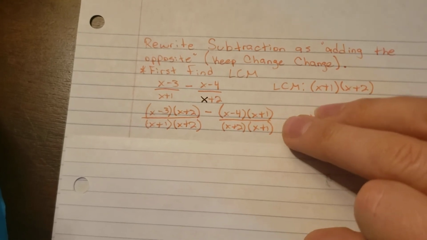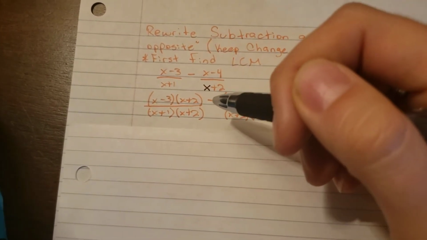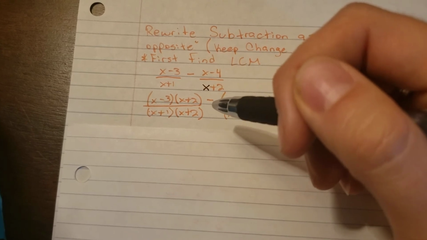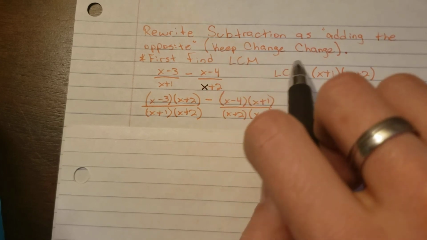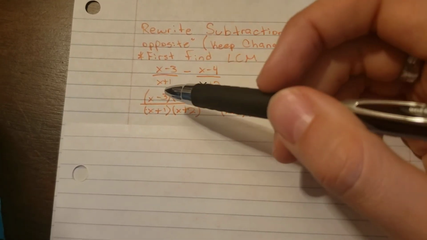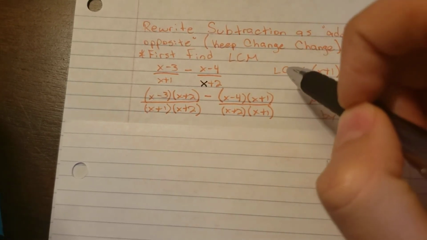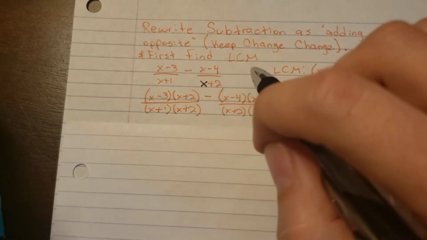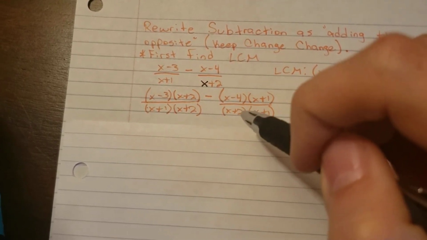I've written it all the way out, but I haven't yet changed my subtraction. I haven't yet added the opposite. All I've done is the first step, which is to find the LCM and make them with the same denominators.